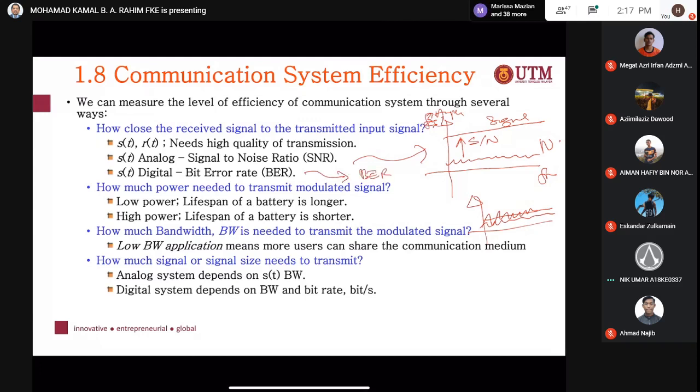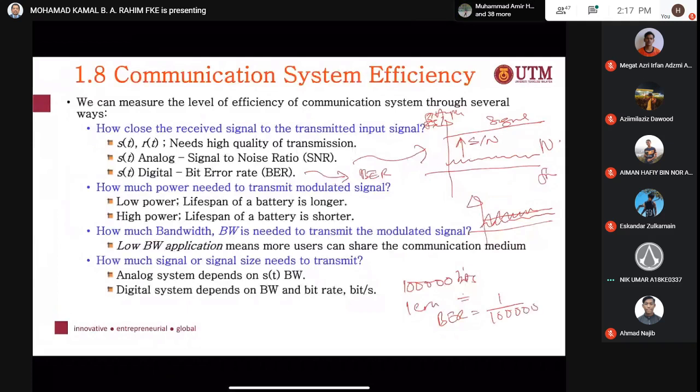BER stands for bit error rate. How many bits have an error in one particular transmission. For example, if you have 1,000 bits and you have one error, that means BER is equal to 1 over 1,000. That's good.